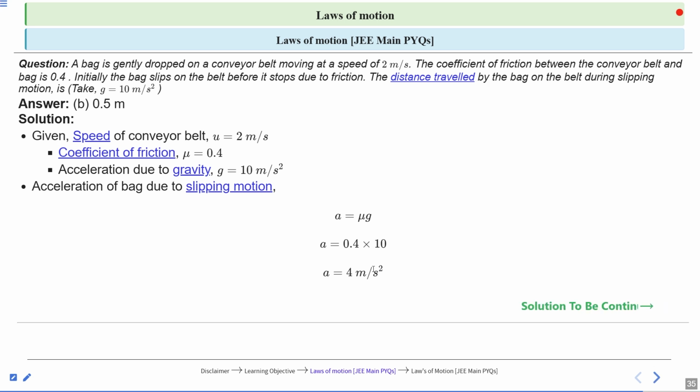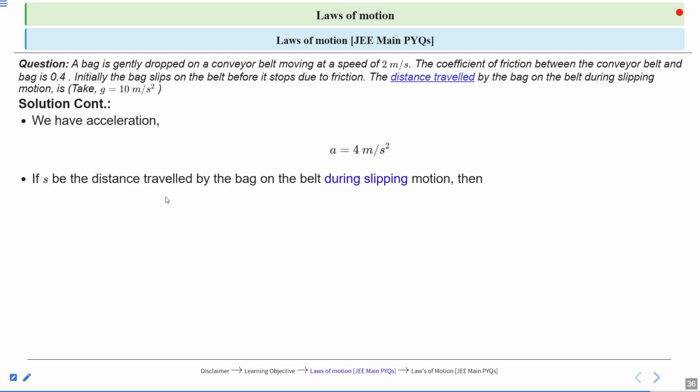So here we have acceleration 4 meter per second square. If s be the distance traveled by the bag on the belt during slipping motion, then v square is equal to u square minus 2as.